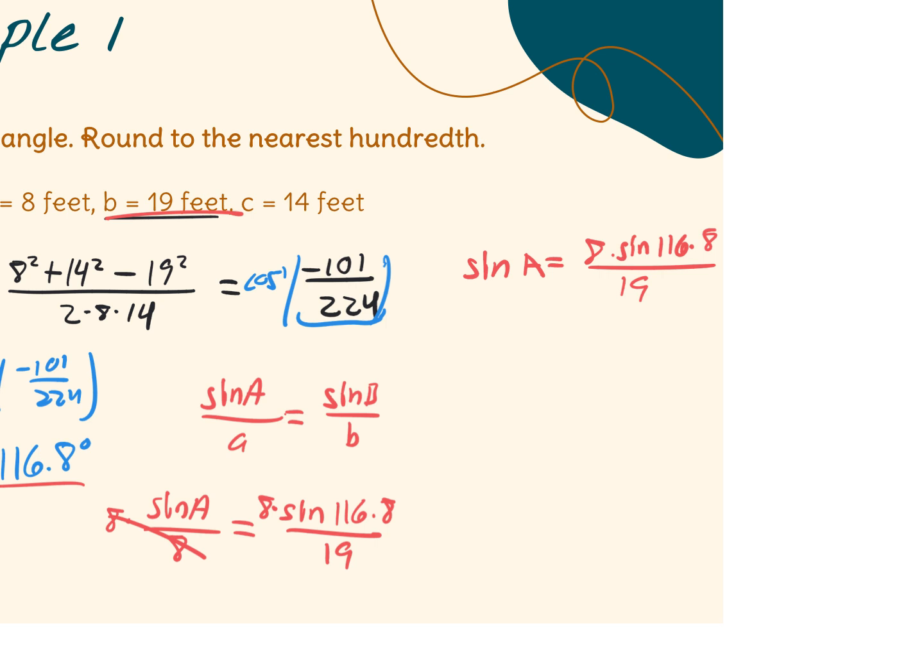And then once again, just like before, to get that angle A by itself, I want to do sine inverse on both sides. So I'm going to do sine inverse of whatever this is. And then A is going to be whatever you get when you do sine inverse of 8 times sine of 116.8 over 19 in your calculator.